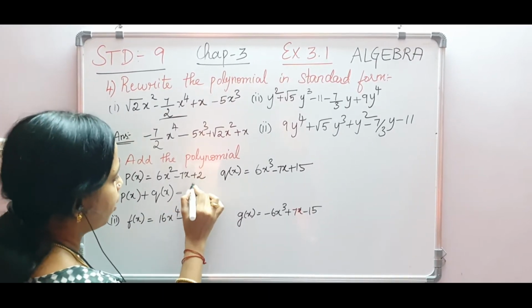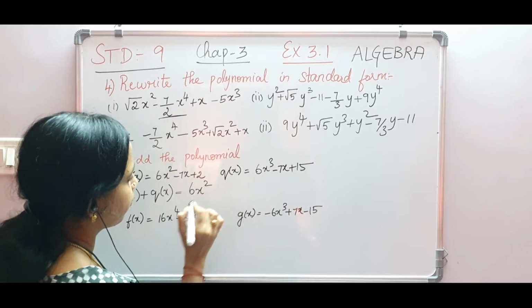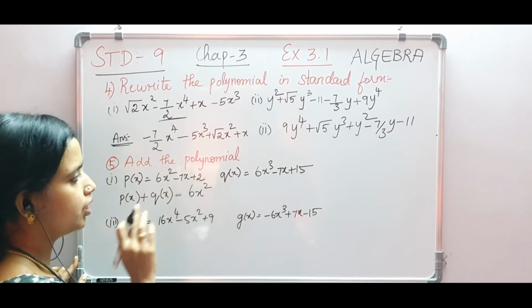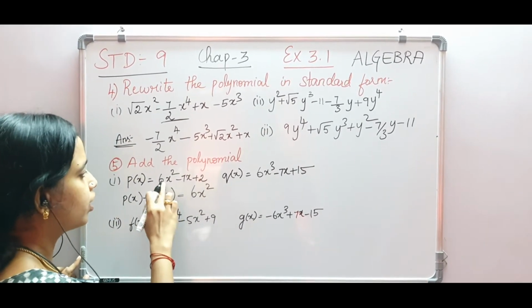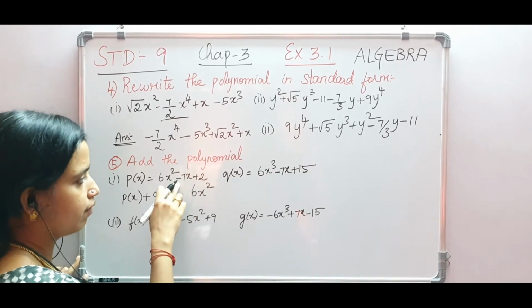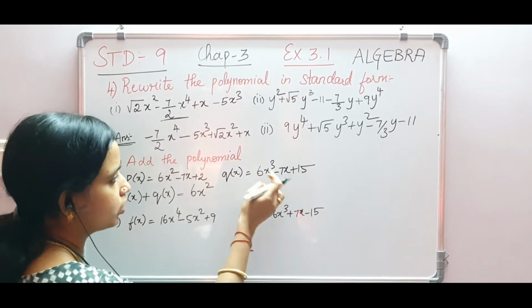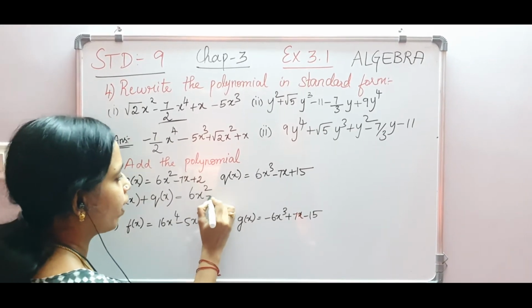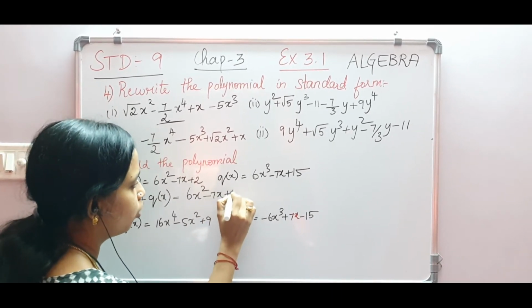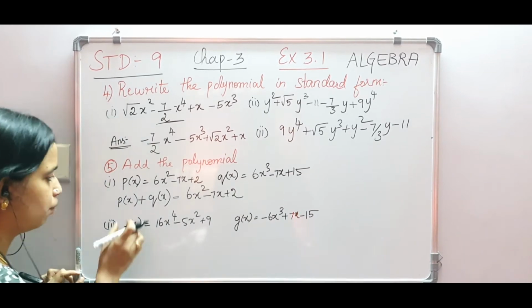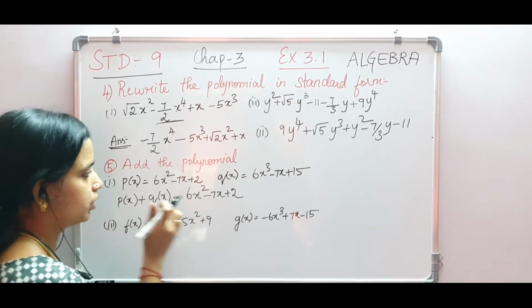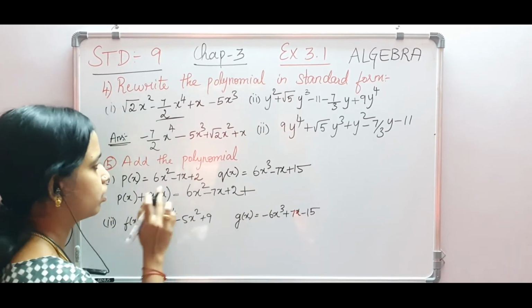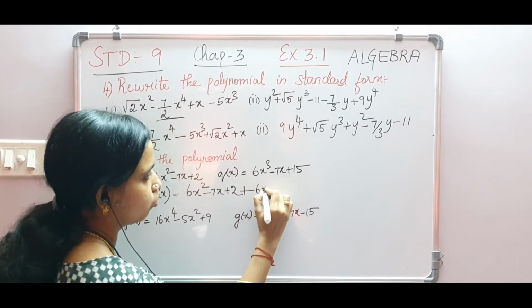First, let us write the polynomials in standard form. Here they are already given in standard form, and here also they are already in standard form. So first just write the polynomial as it is. P of x, just substitute, then the plus symbol, and substitute q of x also.